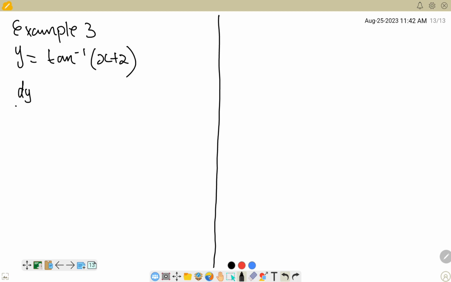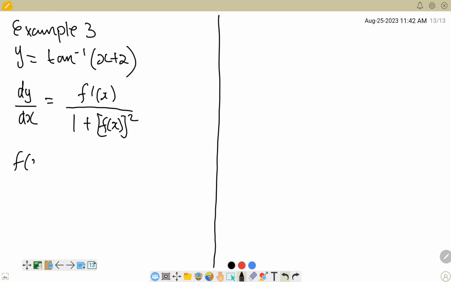We are having dy dx as our first step of writing the formula, f prime all over 1 plus f of x squared. Then we said that our f of x is x plus 2. Our f prime x, this time around it will be 1, because when we differentiate 2, it's a constant.